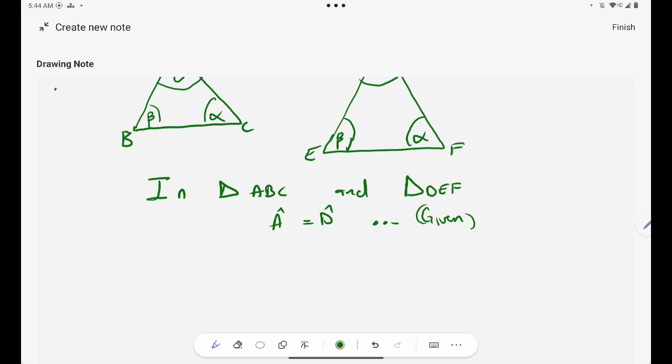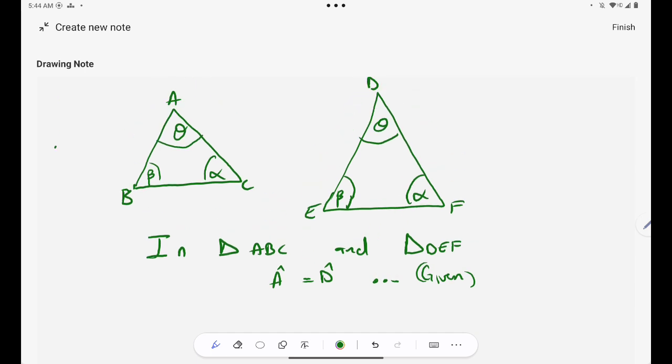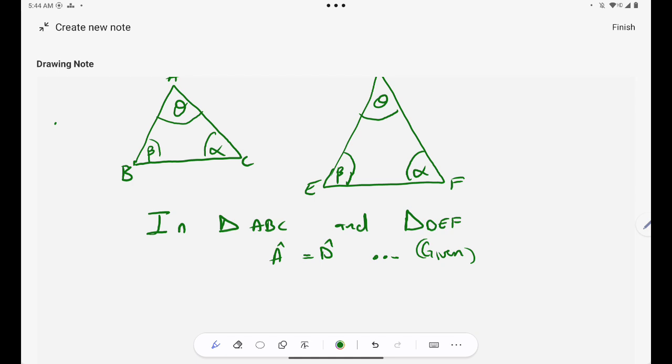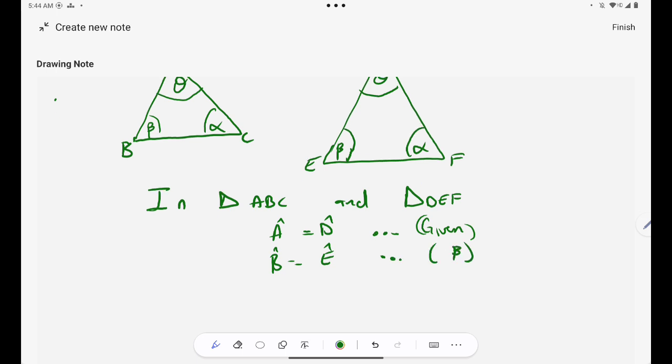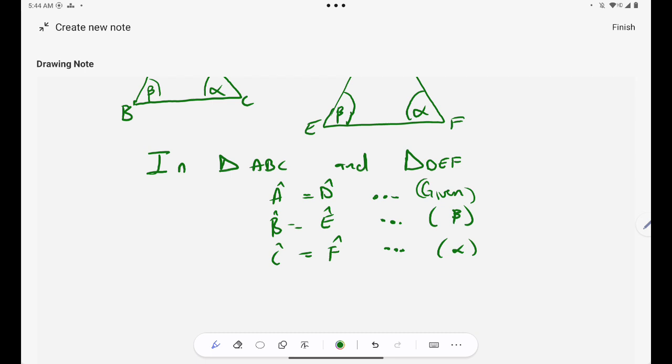And I can just say both angles are equal to theta. Angle B is equal to angle E. Both angles are equal to beta. Angle C is the same as F. Both angles are equal to alpha.